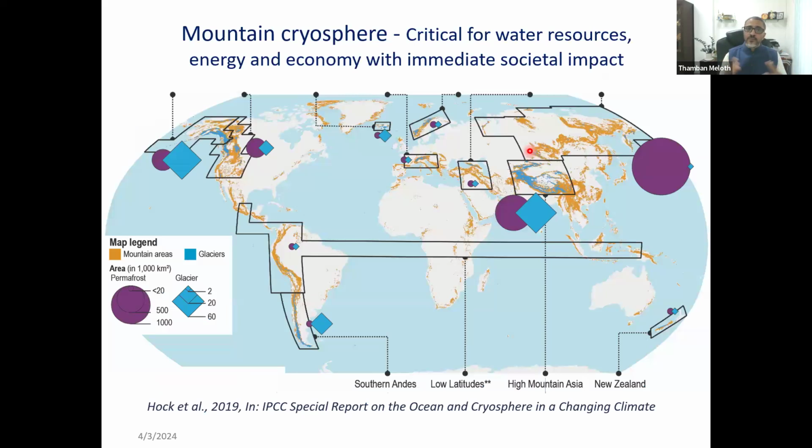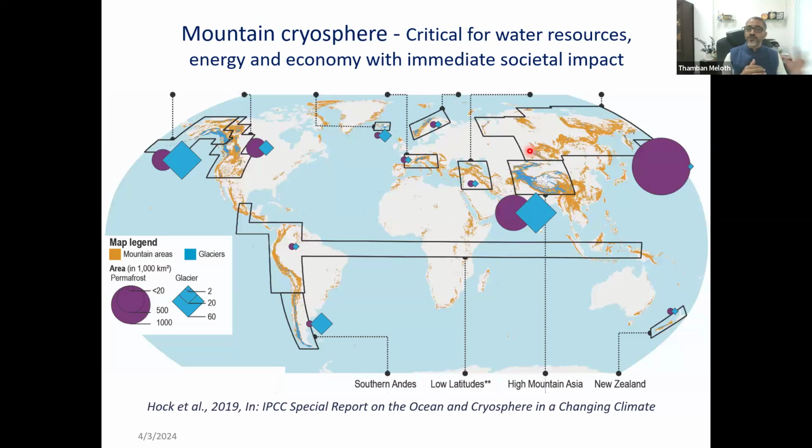If you look at the mountain cryosphere all over the world, the dominant feature you see is in high mountain Asia, then you have the South American glaciers on the high mountains. Then you have the frozen land over the northern Europe, especially the Eurasian region.